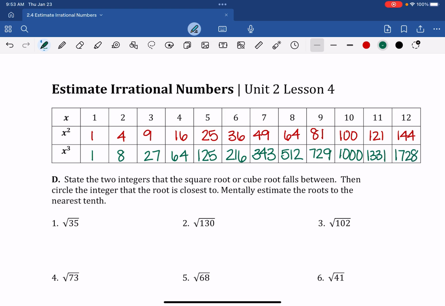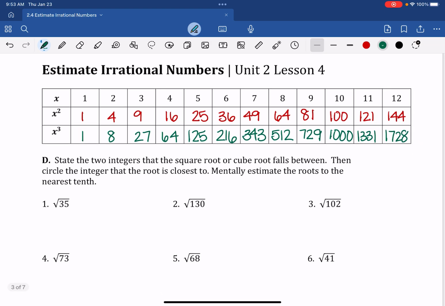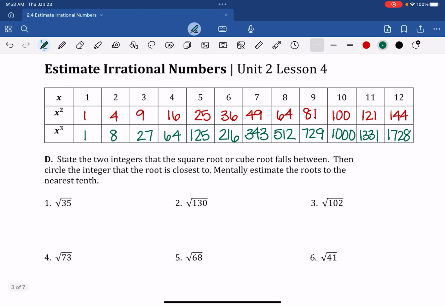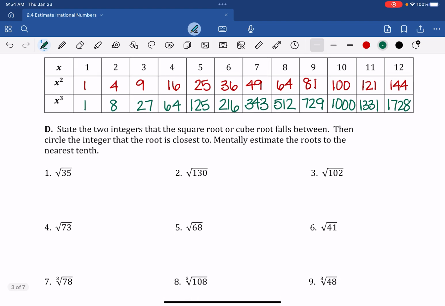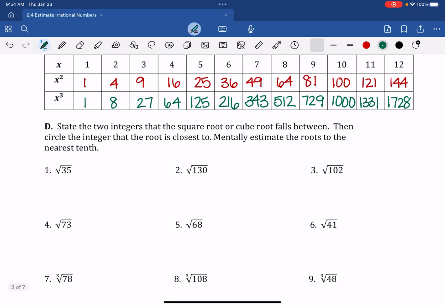Okay, you can pause the video while you finish filling in that chart. Just double check and make sure all your numbers are the same as my numbers so that you're not using the wrong numbers.